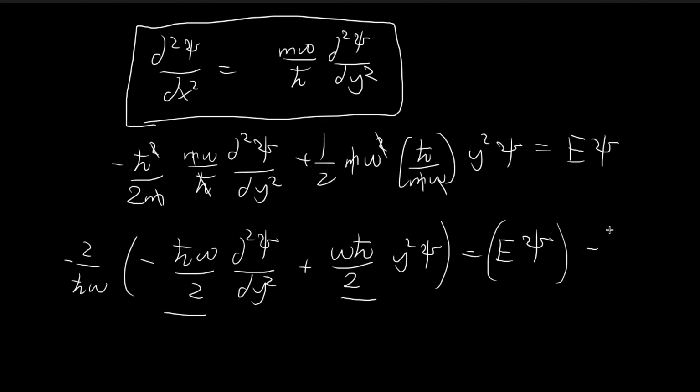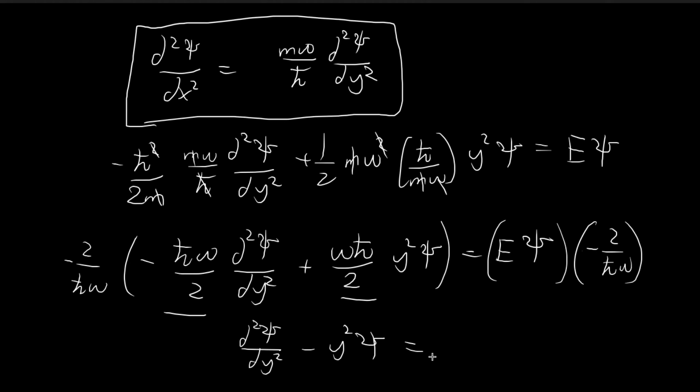Of course here it just becomes 1, the constants all cancel out. So I have d squared xi dy squared. And then the 2's cancel out, the h bar omegas cancel out, so I get negative y squared xi. And over here I get negative 2E divided by h bar omega times xi.